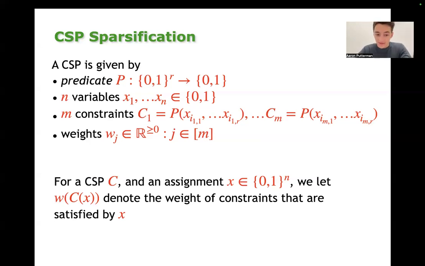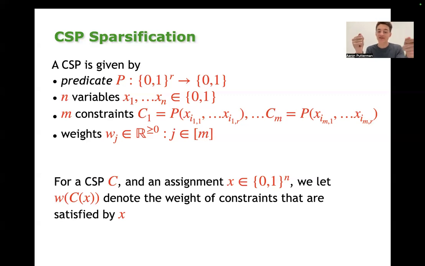And then lastly, as in graphs where we're interested in cut sizes, in CSPs we'll be interested in something analogous, which is what we call the value that the CSP takes on a given assignment. If we denote an entire CSP by C, we can consider an assignment X to all of the n variables.